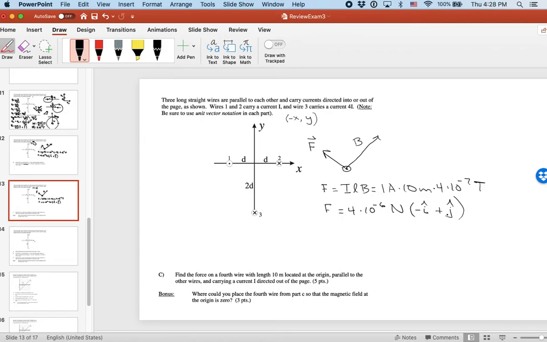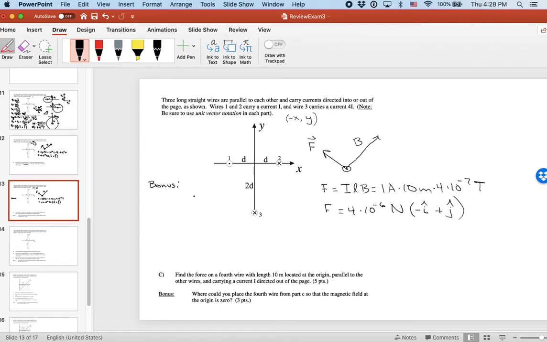And now the bonus: where could I place the fourth wire from part C so that the magnetic field at the origin is 0? So for the bonus, we'll do it over here. First thing I know is that I have a wire whose direction is out of the page. And what if I place a wire in here?